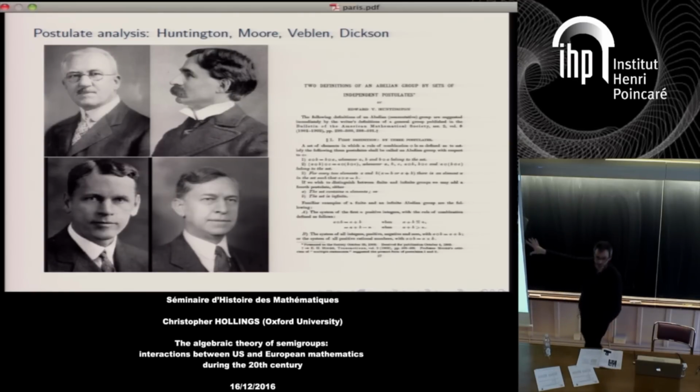So Huntington was one of the main authors in this area. He was really experimenting with different sets of postulates for different objects. Groups got a lot of attention, so this is a paper about definitions for abelian groups. And the big questions were, when are the postulates independent? When can we have a minimal set of postulates?